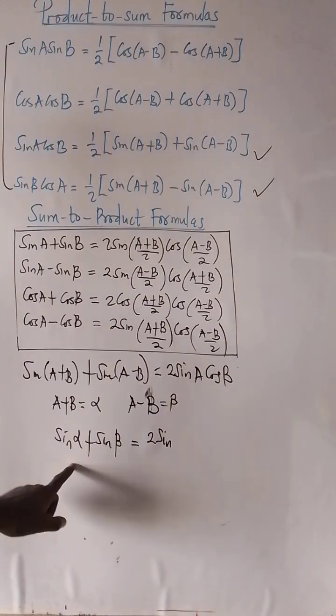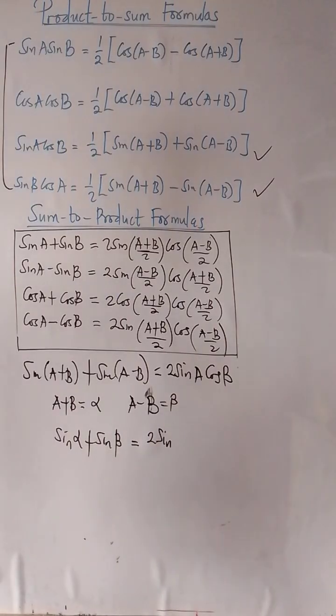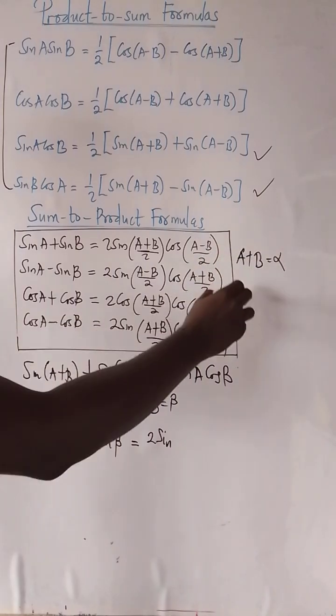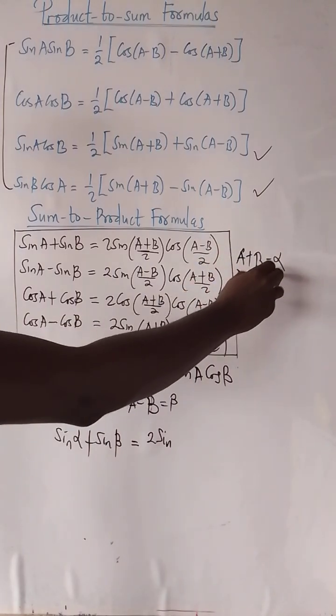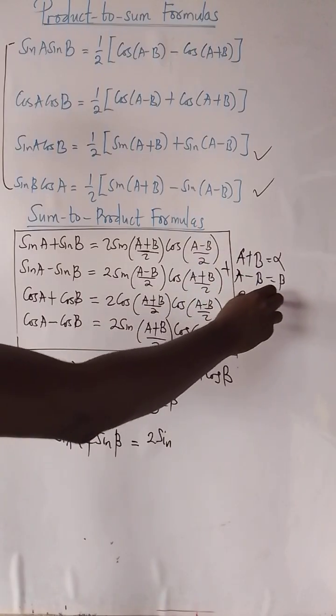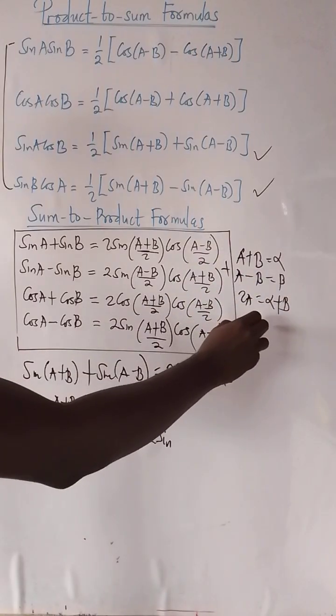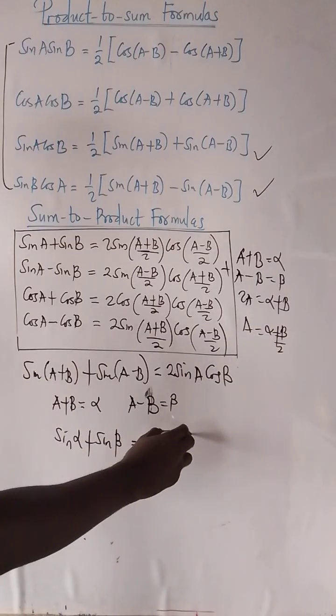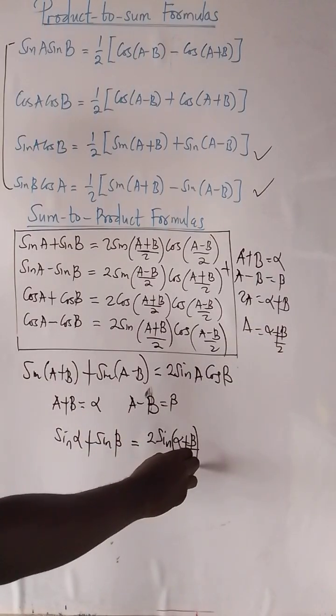Now, what is A in terms of alpha and beta? From here we have A plus B equals alpha, A minus B equals beta. If you add, 2A equals alpha plus beta, then A equals alpha plus beta over 2. So this A is alpha plus beta over 2.